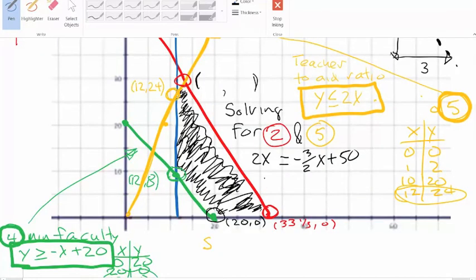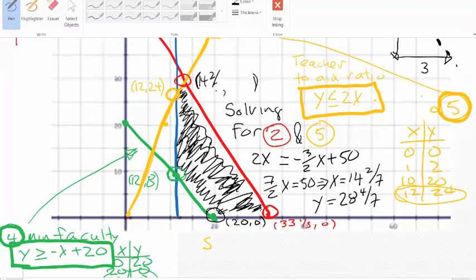Then solving for x, we get 7/2 x equals 50, or x equals 14 and 2/7. And then plugging x in for y, it's double that, or 28 and 4/7.